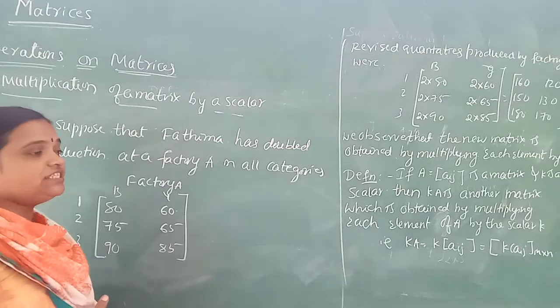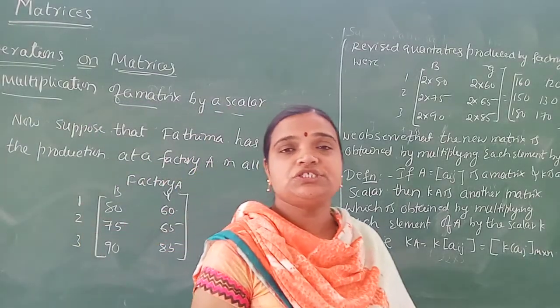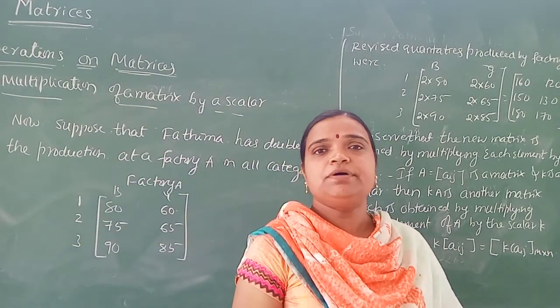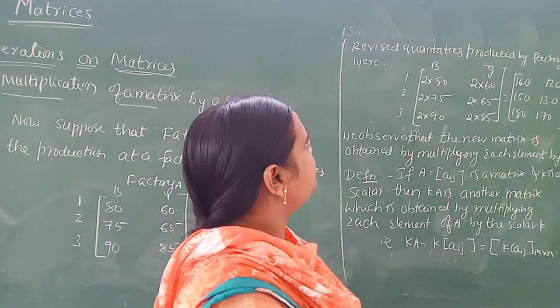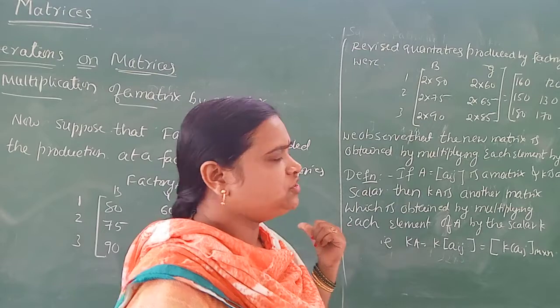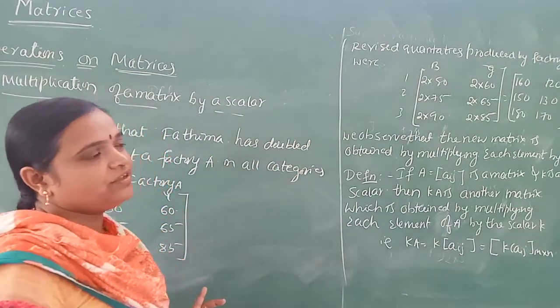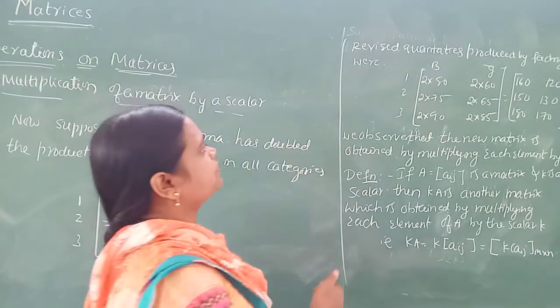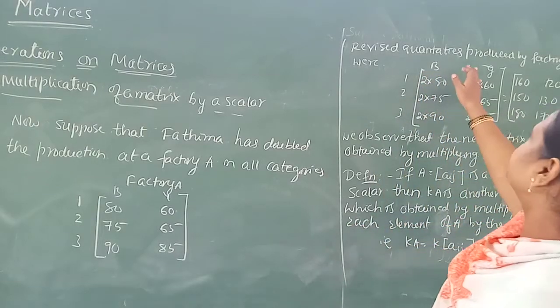Next, suppose he doubled the production of factory A. Double means we have to multiply each price of the category by 2.